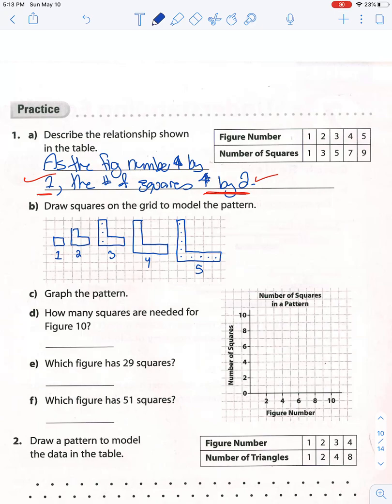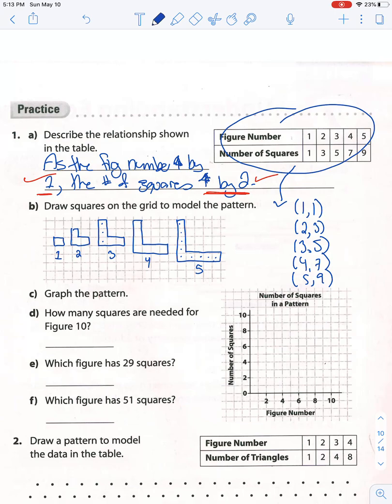Okay, so the next thing we need to do is graph the pattern. So this first one would be (1, 1), then we'd have (2, 3), then (3, 5), then (4, 7), and then (5, 9). So they've just left out a step. They're assuming that you're able to get from this and then plunk it straight into here.